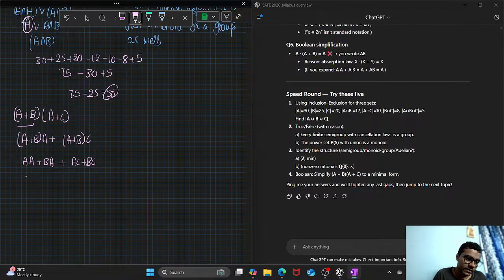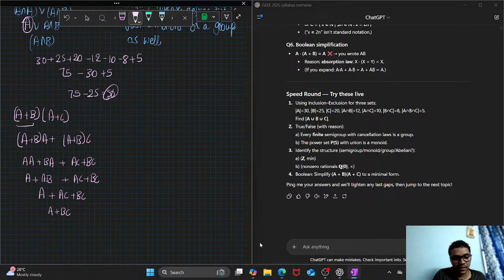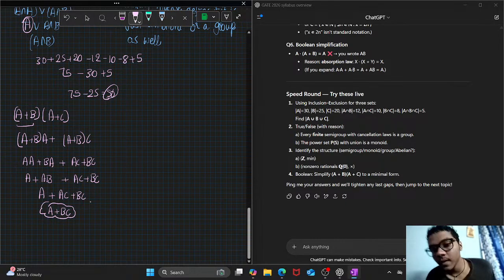Okay, A times A is just A, plus AB plus AC plus BC. So A plus AB is A, plus AC plus BC. A plus AC is also A, plus BC. Is this simplified to A plus BC? No.